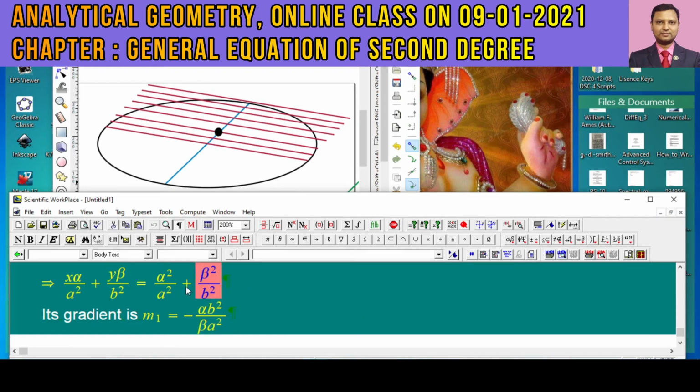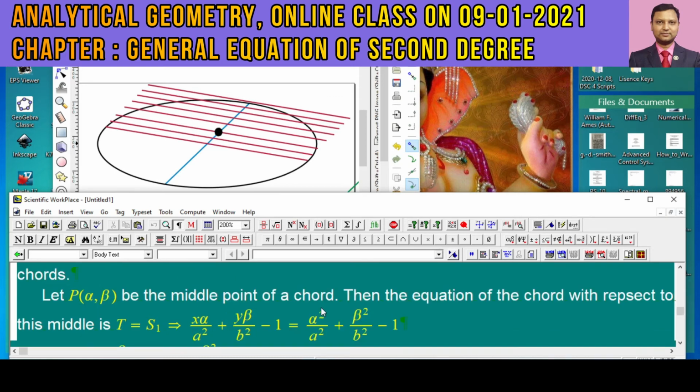The gradient of this straight line, what is this? This is one such straight line whose middle point is this dotted point. We are trying to find the equation of this chord, and we know that all these chords are parallel to which straight line?